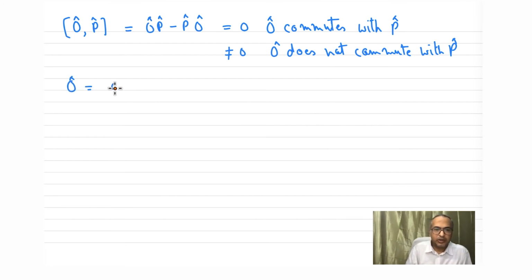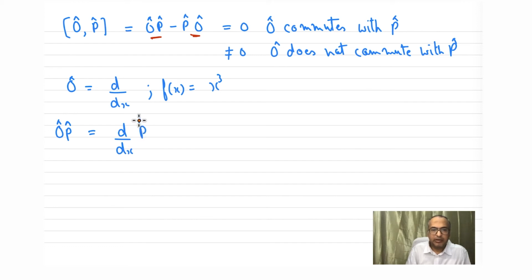Okay. So to be able to calculate this, we need to assume a certain operator. Let's assume d by dx, and we also have to have some sort of a function. So let us assume a function as x cube. Now let's calculate the first part, and then we'll calculate this part. So OP will be d by dx, parity, and the function x cube.